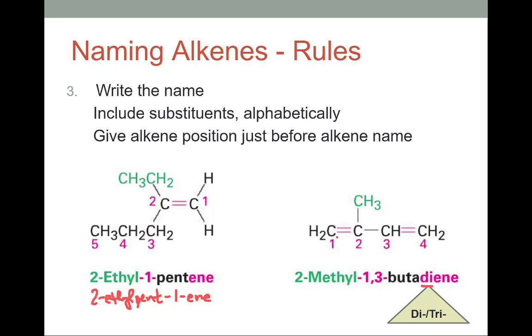So buta because it's 4 carbons in the parent chain, 1,3 because my alkenes start on positions 1 and position 3, and then 2 double bonds, diene. So you'll see dienes and trienes and tetraenes. So that's just fine. If we wanted to do the other kind of naming that I was talking about, we would put these numbers right there. Buta-1,3-diene. Okay.